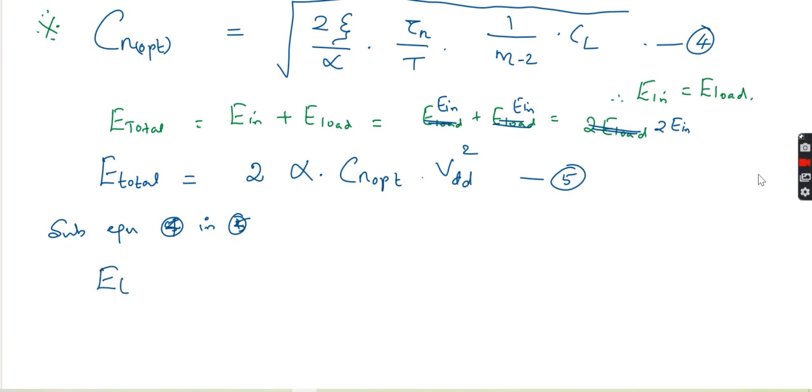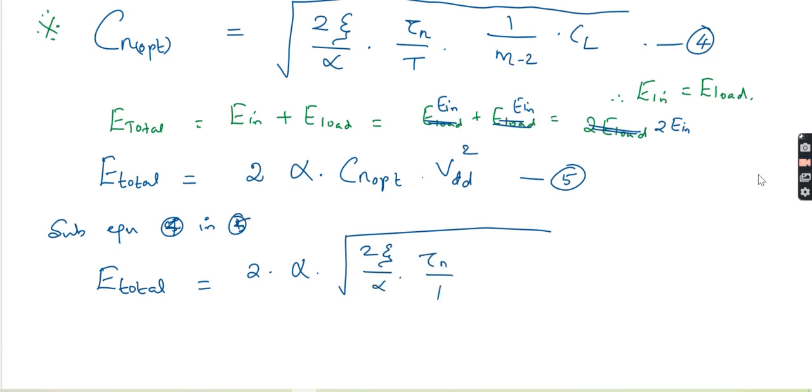So we'll get the total as 2 times alpha, into, then you do this 2, alpha into tau n by t into 1 by m minus 2 into CL, and outside will be VDD square.